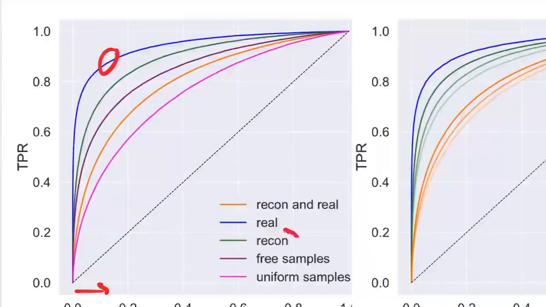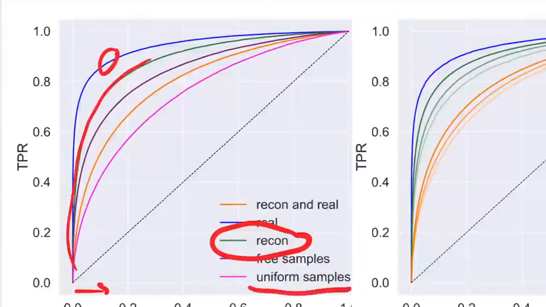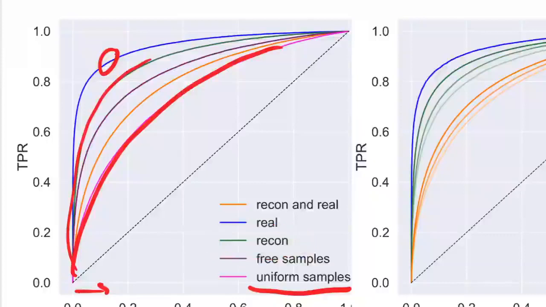And you can see within the reconstructed sets that this is achieved fairly well. So compared to uniform samples, this is fairly close. What is less close is this recon and real.